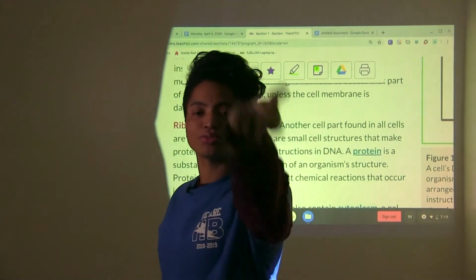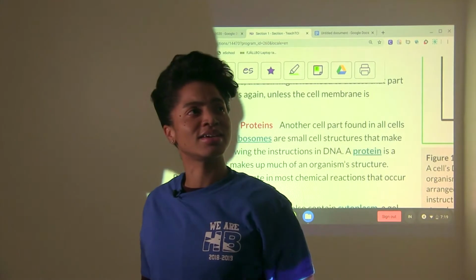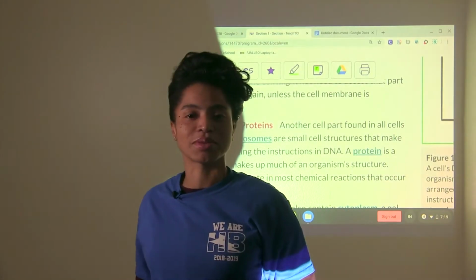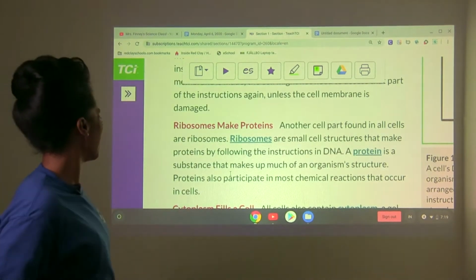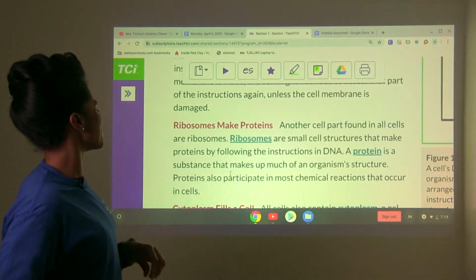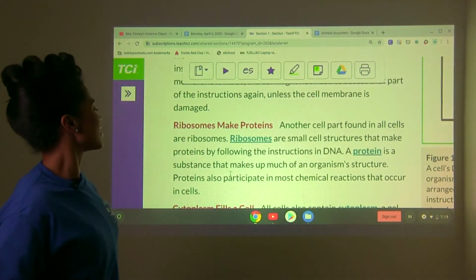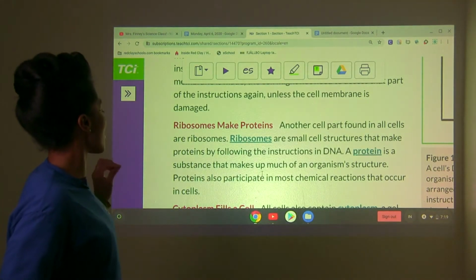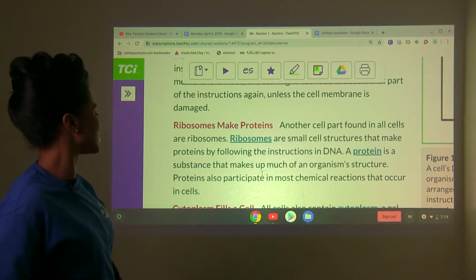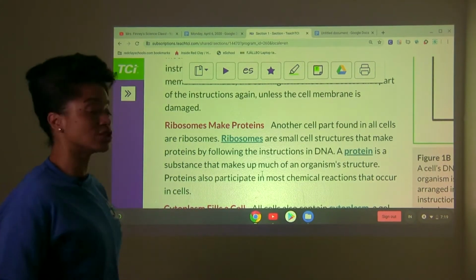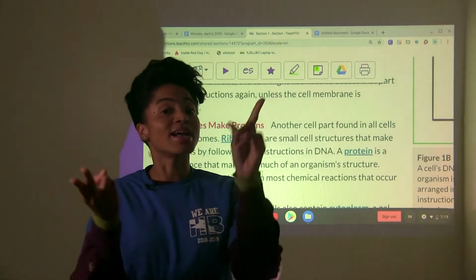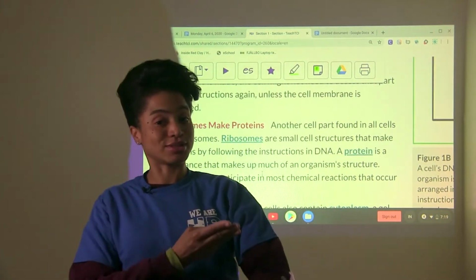I'm here to make the protein. Say it with me. Ribosome. Proteins also participate in most chemical reactions that occur in cells. Keep that in mind. We'll go back to our picture shortly. So we covered cell membrane, DNA, ribosomes.